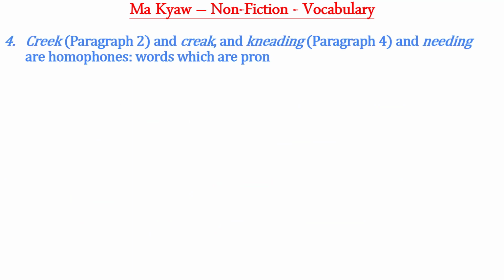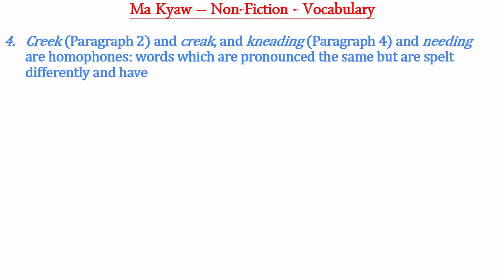Question number 4. Creek, which was used in paragraph number 2 of the story, spelled C-R-E-E-K, and creak, spelled C-R-E-A-K, and kneading, which was used in paragraph number 4, and needing, spelled N-E-E-D-I-N-G, are homophones. Homophone means those words which are pronounced the same but are spelled differently and have different meanings.